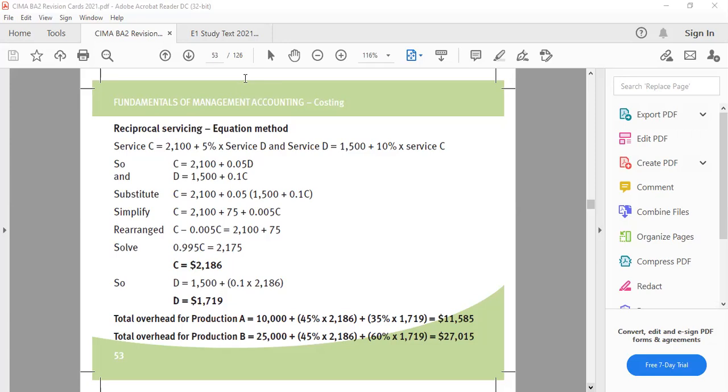B is equal to, B has spent on its own 25,000, plus it will receive a portion, that is 45% into 2186 plus 60% into 1,719.